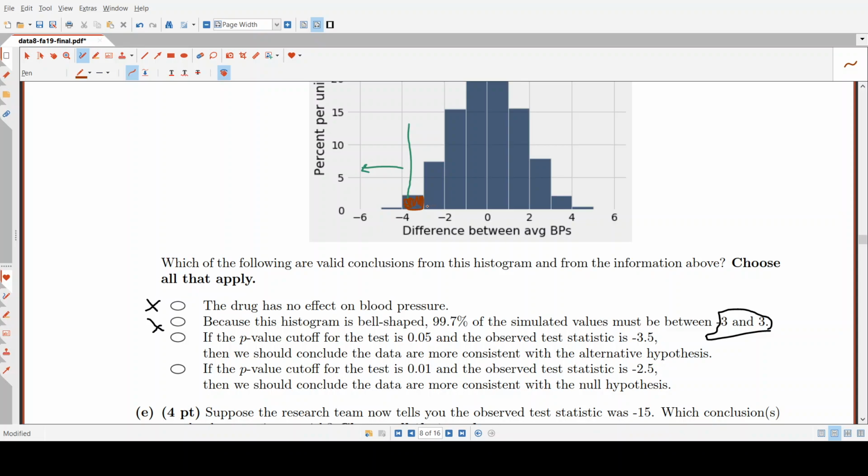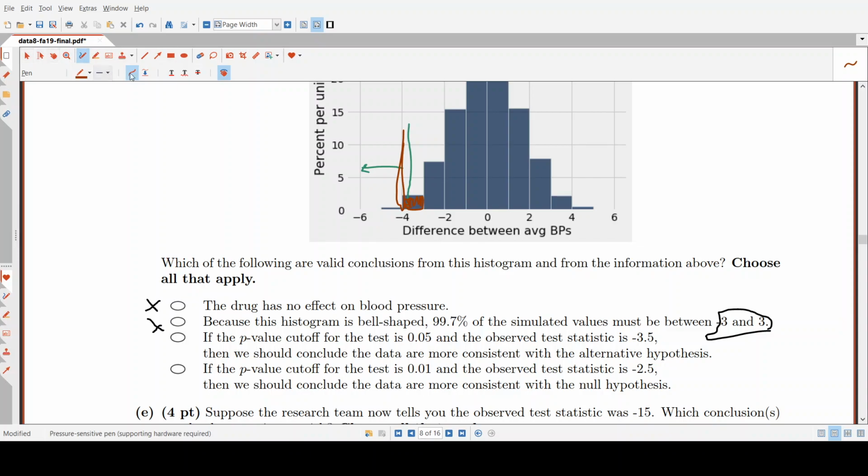But let's just for now assume that all the data is bunched up on this side of it. So the area of the histogram is the width times the height. So our width is 1, right? 4 to 3 is 1. And then our height is about 2.5%. So 1 times 2.5% is about 0.025.